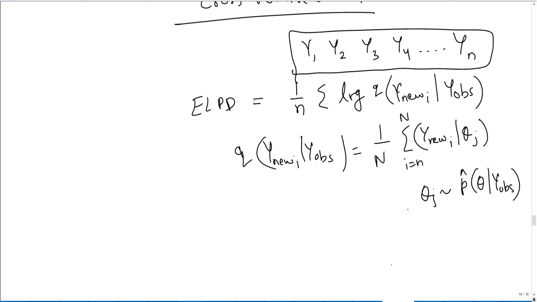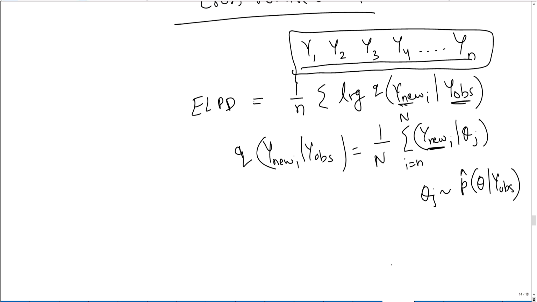The problem here is that in the formula itself, you have two kinds of data, y new and y obs. But in this particular case, you have access to only this single data set, which is the data that you just collected for your experiment, right. Is it y obs or y new?